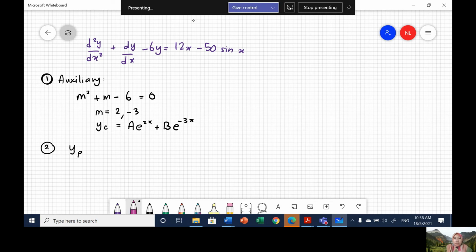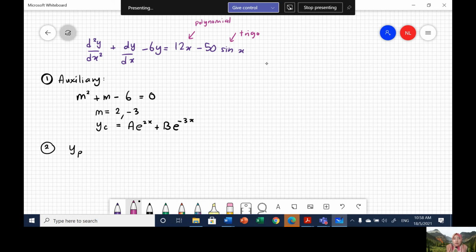Look at the right side: this is trigo, but this is not trigo. This looks like our straight line equation, because in 12x the degree of x is 1. So this is a linear equation, or we can say this is a polynomial of degree 1. Degree 1 will be similar to a straight line equation.